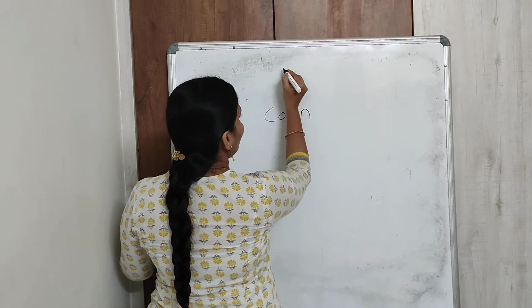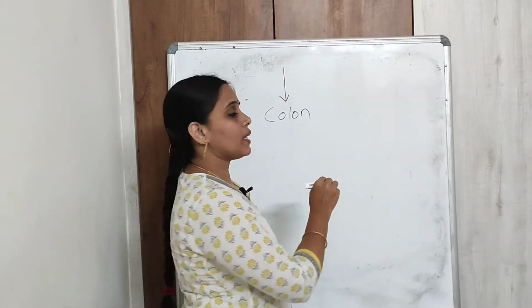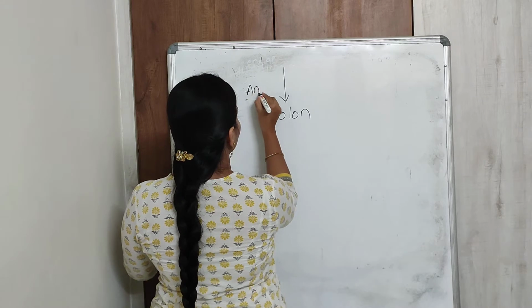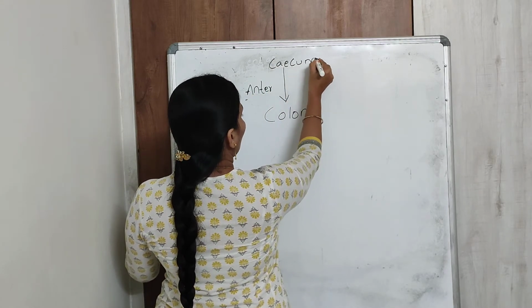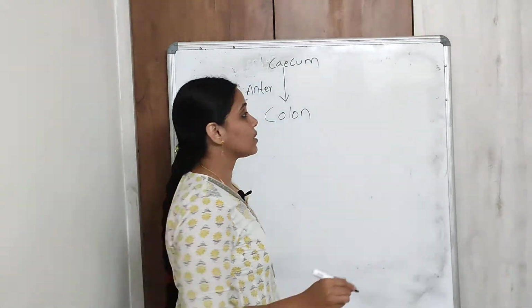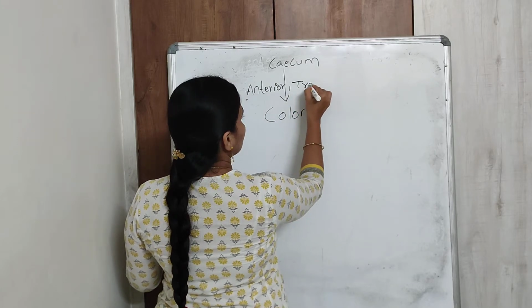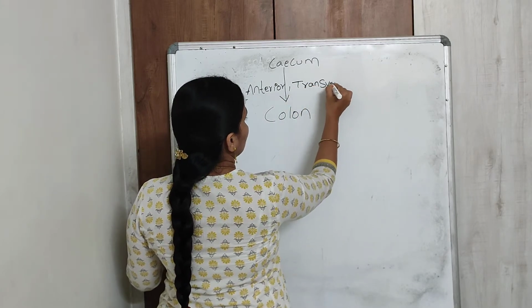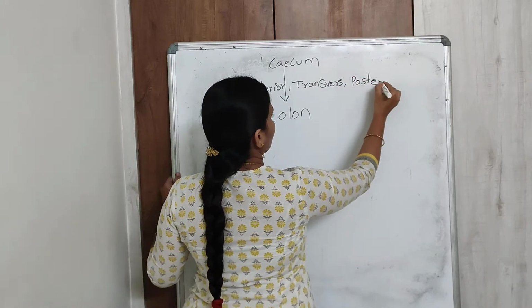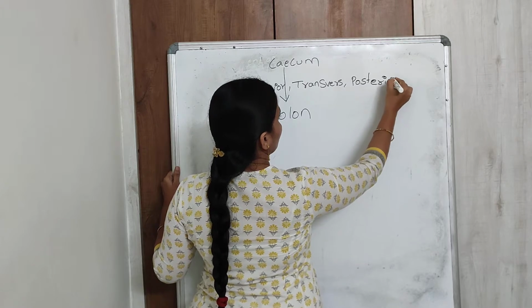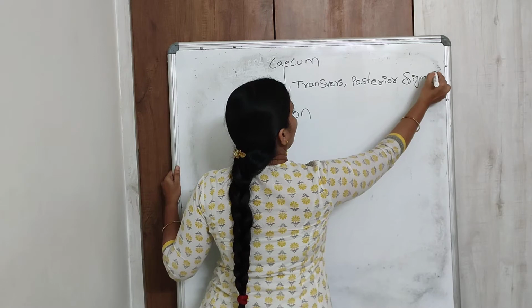The cecum opens into the colon as three parts: anterior, transverse, posterior, and sigmoid.